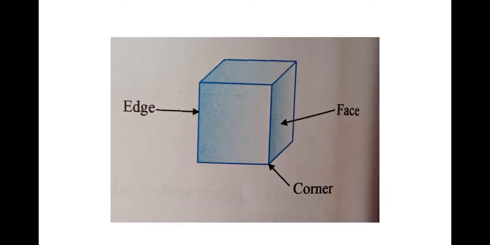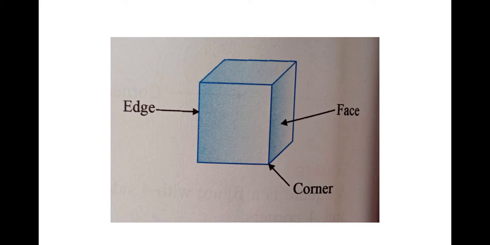solid figures. The figures which we see in our surroundings are solid shapes. Cube, cuboid, sphere, cylinder, and cone are solid figures.